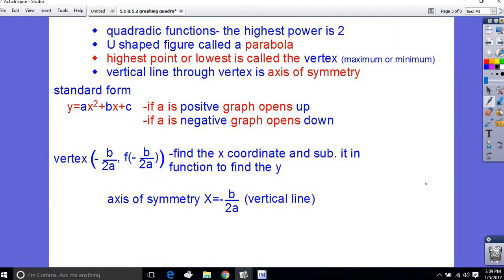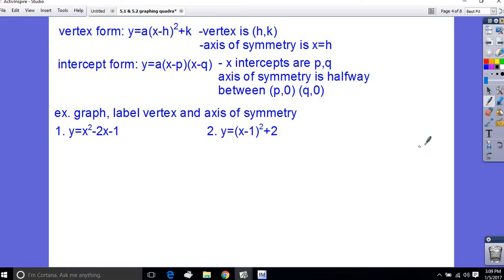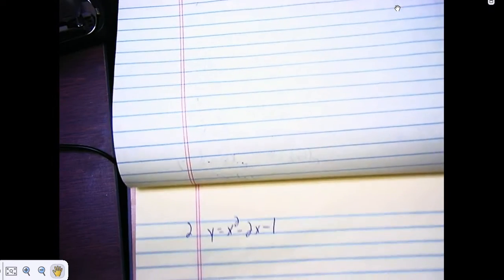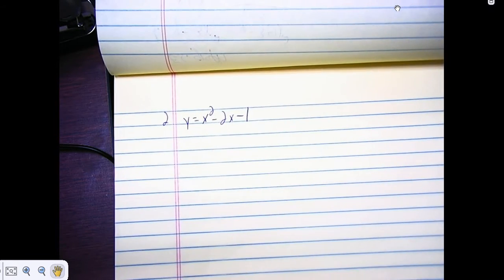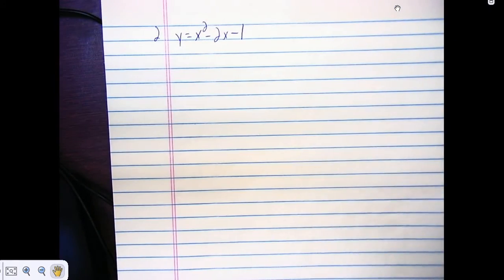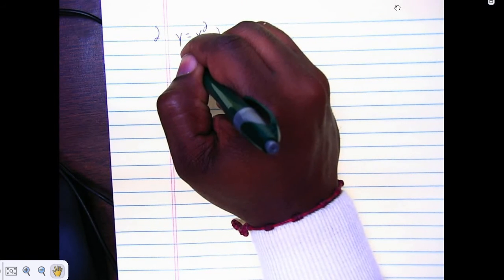Let's keep moving on to this example here. y equals x squared minus 2x minus 1. Now, again, if we want to, we can always use a table.